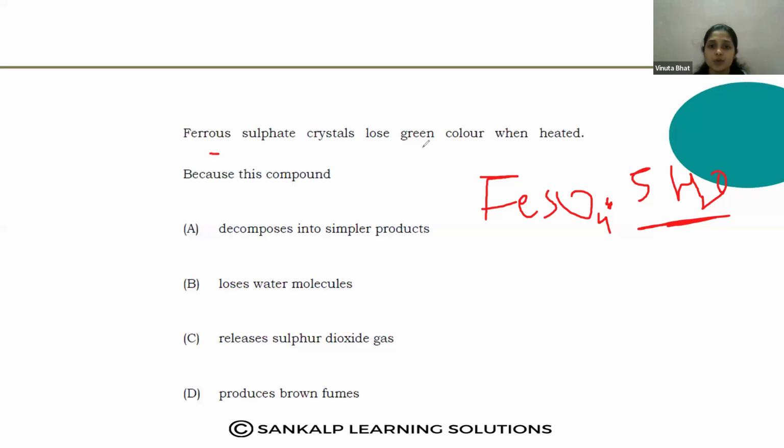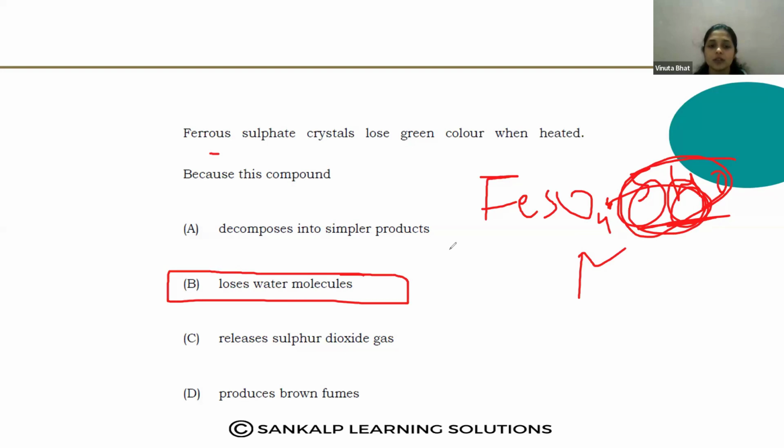Ferrous sulfate crystals lose green color. Why do they lose the green color? Because when it is heated, this water of crystallization is removed. So when the water molecules are removed, they lose the green color of the ferrous sulfate. So option B is the correct answer.